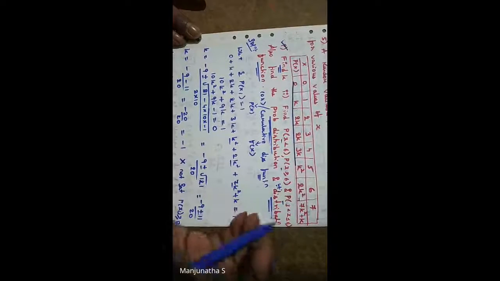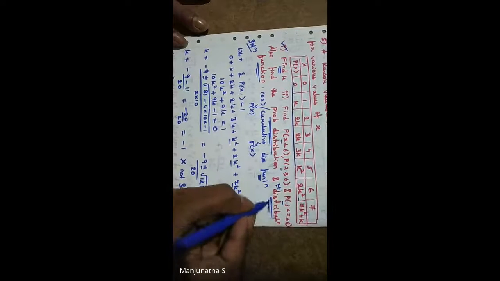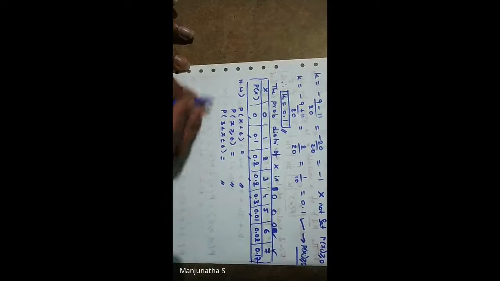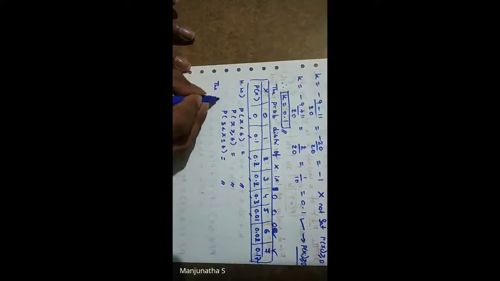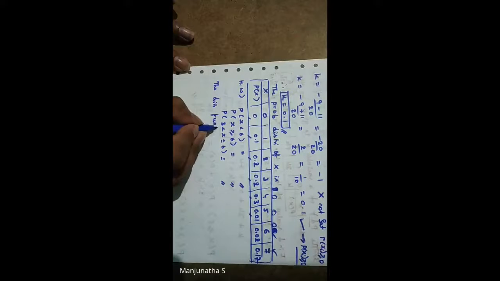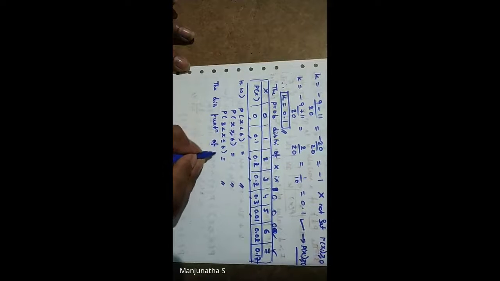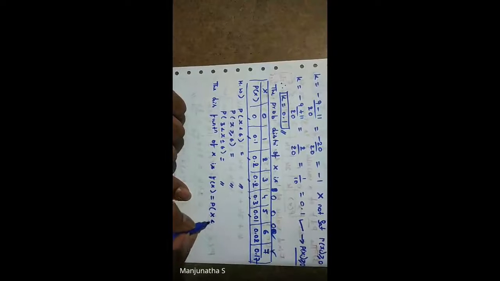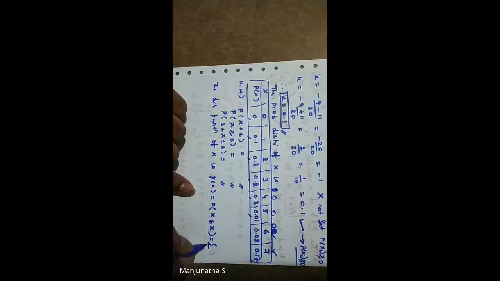Different from the previous problem, that is the distribution function. I'll write one sentence where that will clear your doubt. The distribution function of x, f of x, is equal to p of x less than or equal to small x, and that is equal to summation of p of xi.